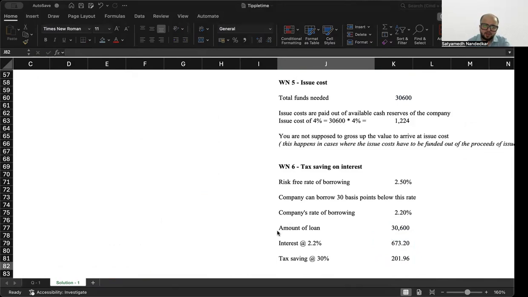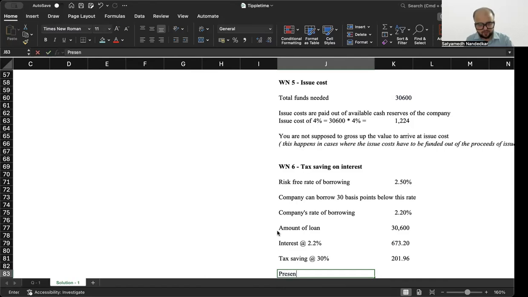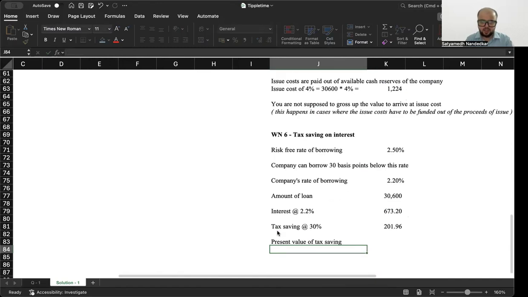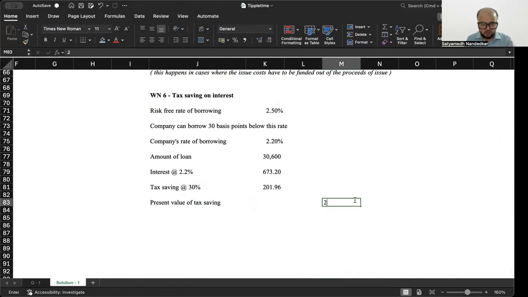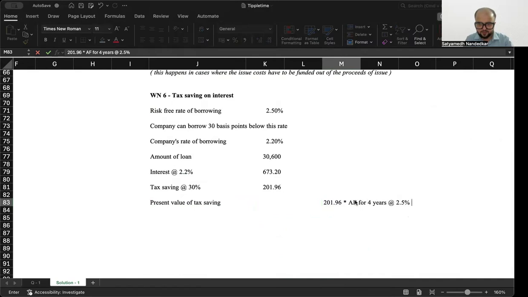Now, I'll have to calculate the present value of tax saving. Now, how exactly is this going to be calculated? Please pay attention. 201.96 into annuity factor for 4 years at the rate of 2.5% into discounting factor for T1 at the rate of 2.5%.